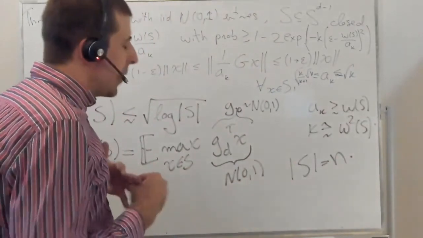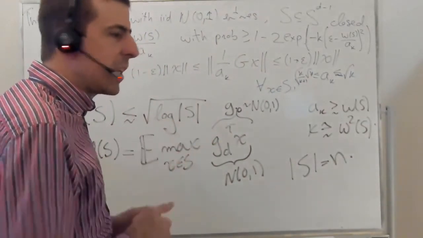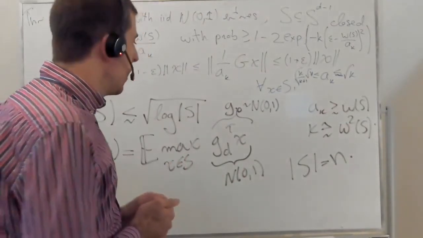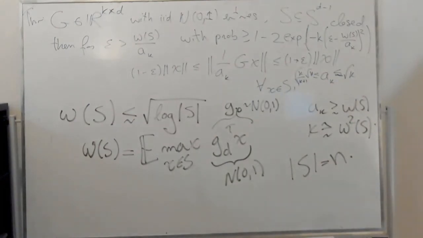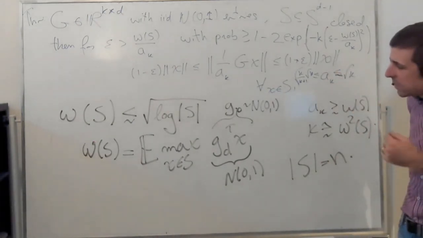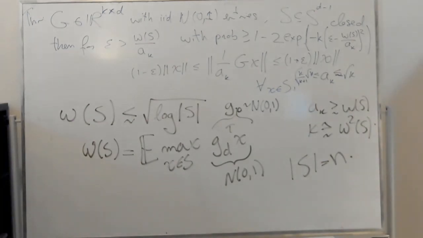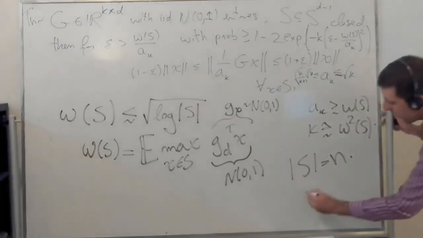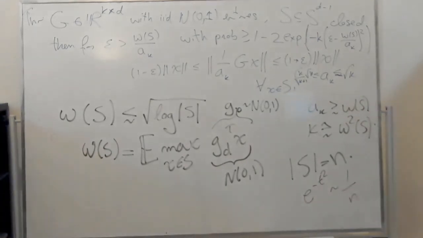And so I need to union bound over n things, because I want to make sure that none of the n Gaussians is bigger than that, because that's what the maximum of the n Gaussians would be. And so this means that I need a 1 over n to show up, so that I can union bound over n things. And so I need something like e to the minus t squared to look like 1 over n.